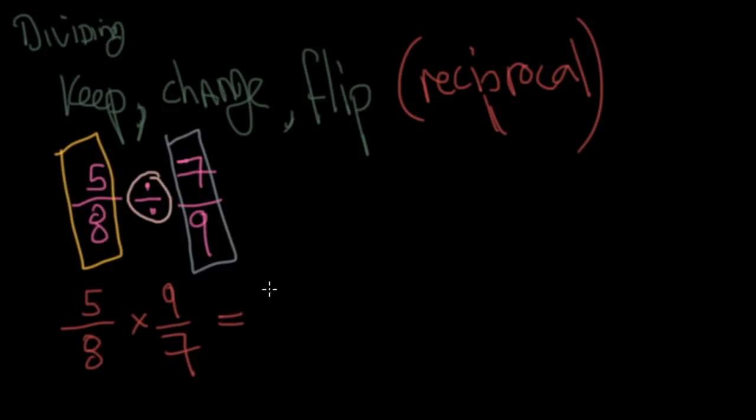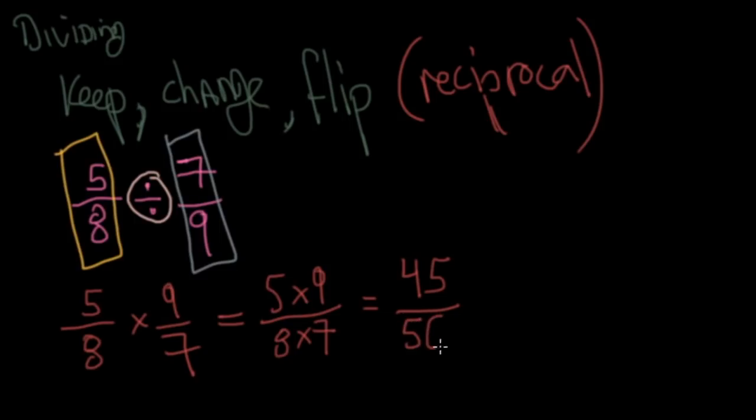And then we get 5 times 9 and 8 times 7. Notice how I made sure that there was no simplifying or cross-reducing possible. Fantastic. It's like I'm a professional math teacher. 45 over 56, and I think there is nothing that can simplify that. And there you go. So keep, change, and flip.